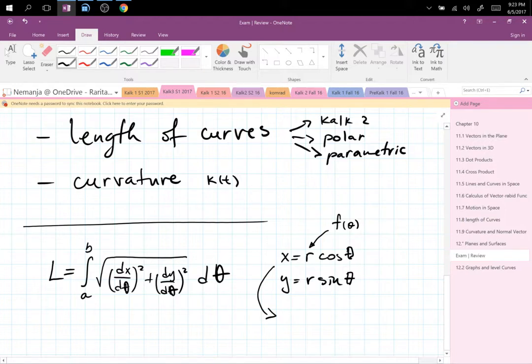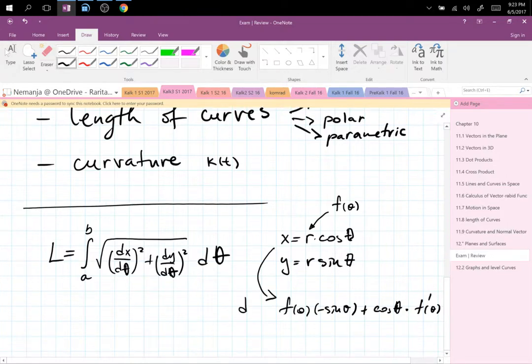But it's a product rule. So copy the first one times the derivative of the second one plus copy the second one times the derivative of the first. And that's your dx d theta.